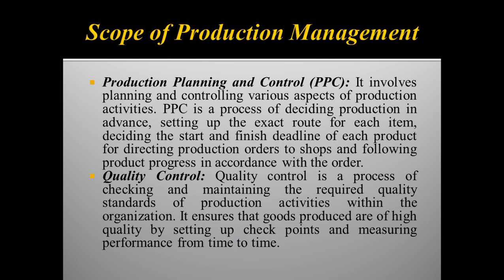It is a process of deciding production in advance, setting up the exact route for each item, deciding the start and finish deadline of each product, directing production orders to shops and following product progress in accordance with the order.